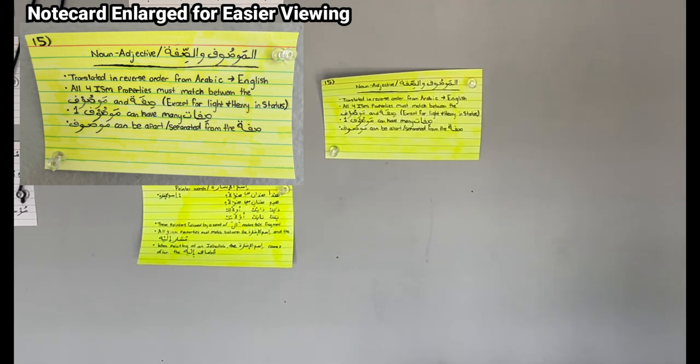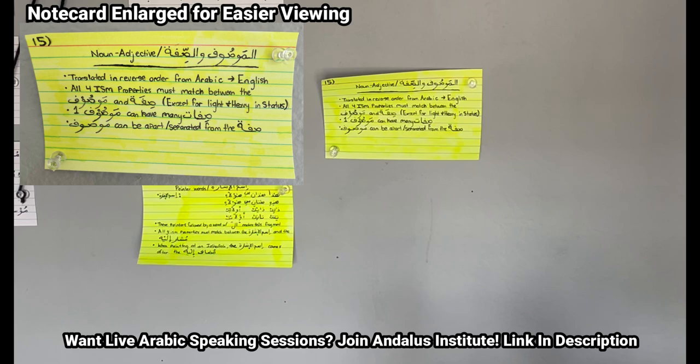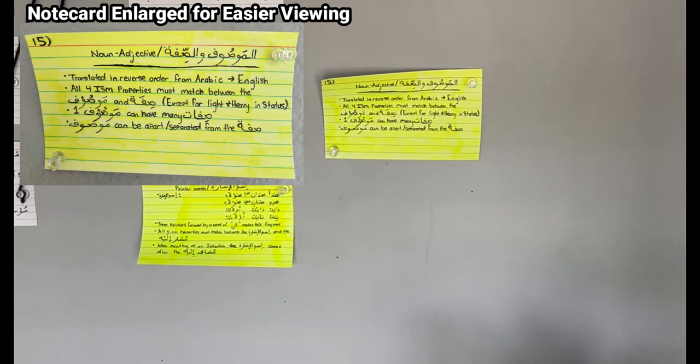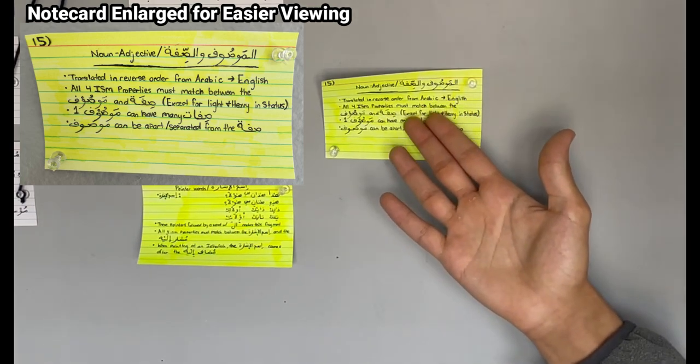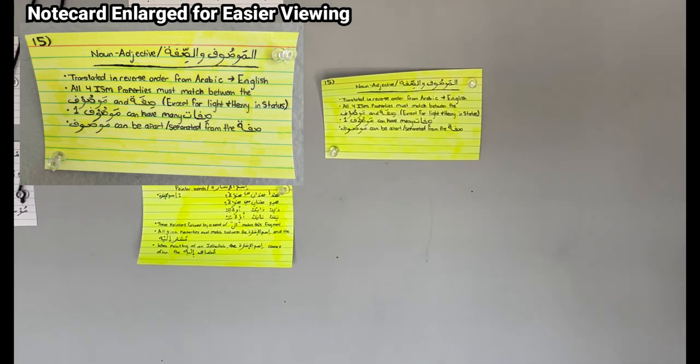The number, it's singular. The gender, it's masculine. The type, it's common. So if I want to say a large book, it better be same status, rafa, same number, singular, same gender, masculine, same type, common. So kitabun kabirun. That's how you match it. And then there are some exceptions here, but that's fine. One mawsuf could have many sifat. You could read that if you want.